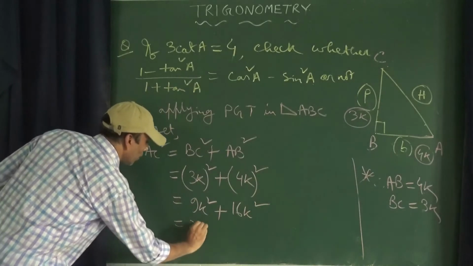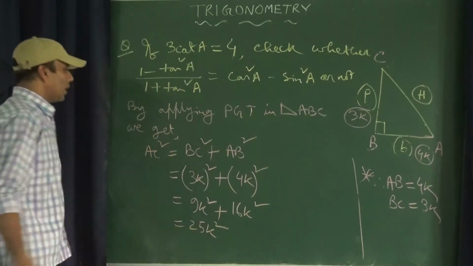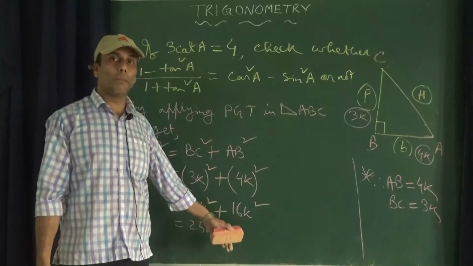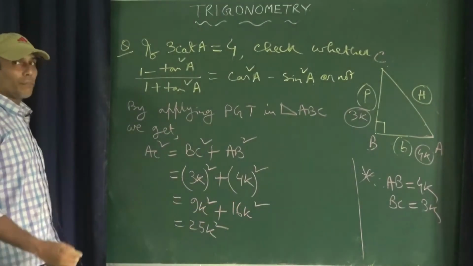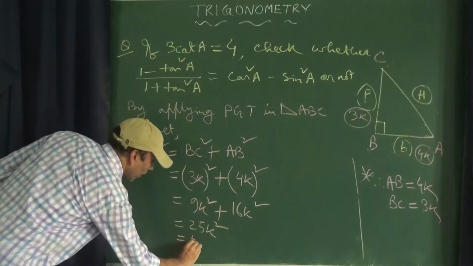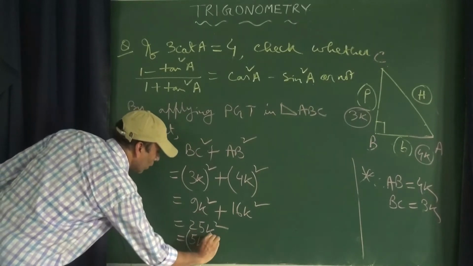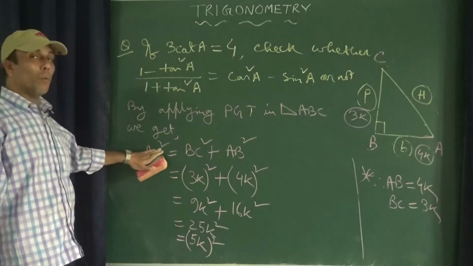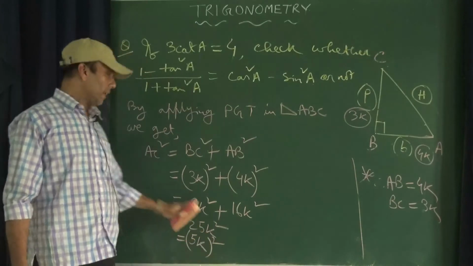16 plus 9 is 25K square, and 25K square can be written as 5K whole square. Then from both sides the square cancels.